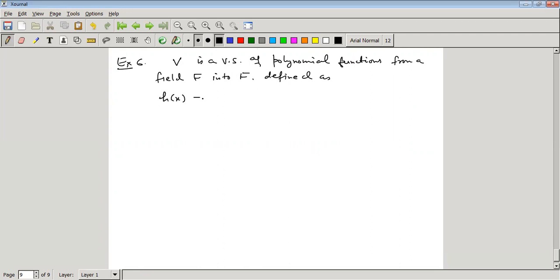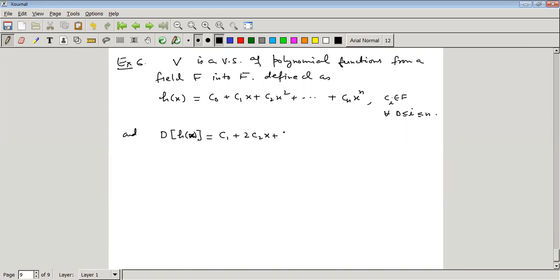h of x is equal to c0 plus c1x plus c2x square plus ... plus cnxn, where ci belongs to the field F for all i lying between 0 to n, and d of h(x) is equal to c1 plus 2c2x plus 3c3x square plus ... plus ncn x raised to the power n minus 1.